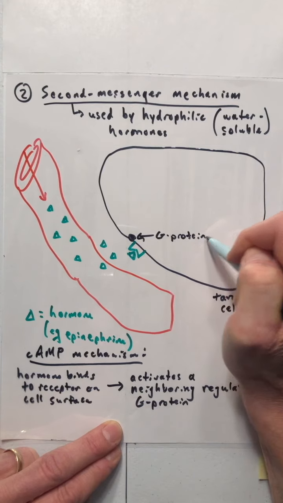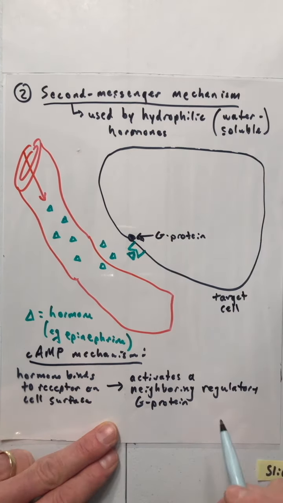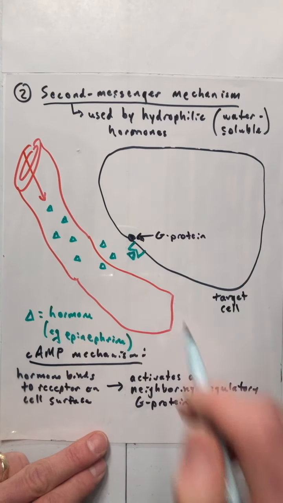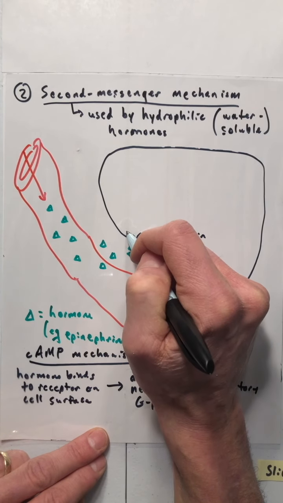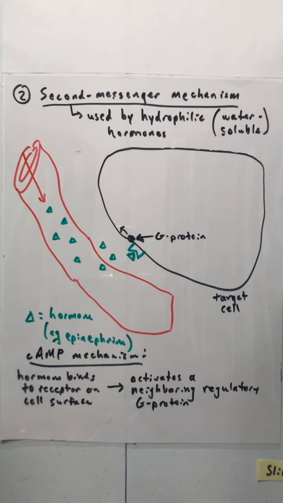Once that G protein is activated, it releases itself from the receptor and migrates next door to where an enzyme is located.